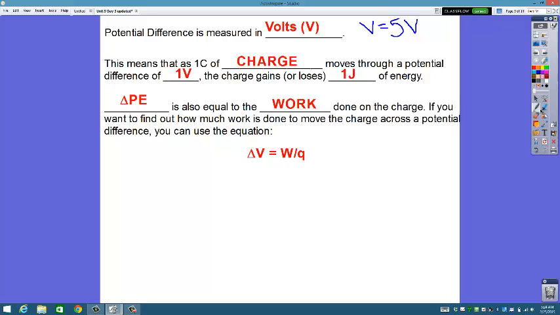Remember from the last unit that your change in potential energy is also equal to the work done. Remember, work is your force times your distance, so we're looking at how much work the battery has to do in moving that charge around. So we can substitute work, given that work equals delta PE.